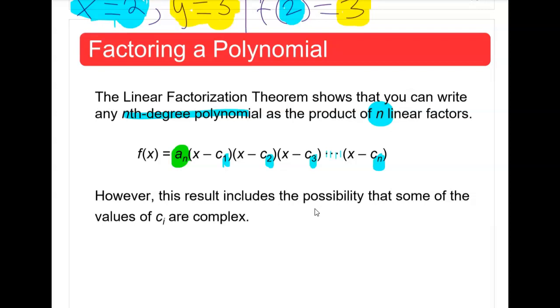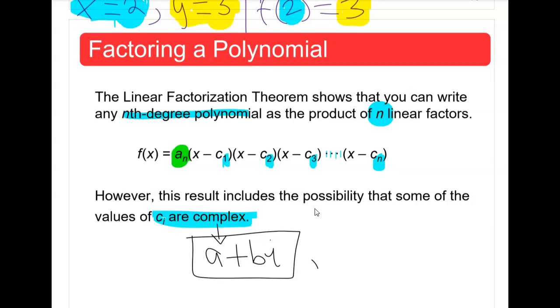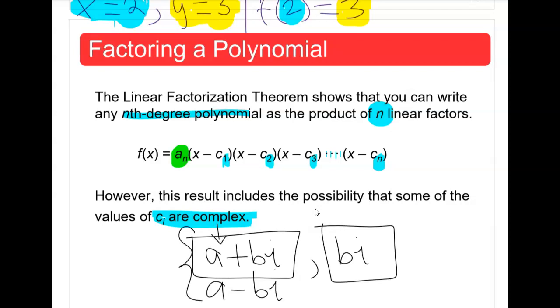Therefore, n linear factors. However, this result includes the possibility that some of the values of the constants are complex numbers in the form of the real and imaginary part. Or they might just be pure imaginary. And remember that if we have one of those, we do have their conjugate as well.